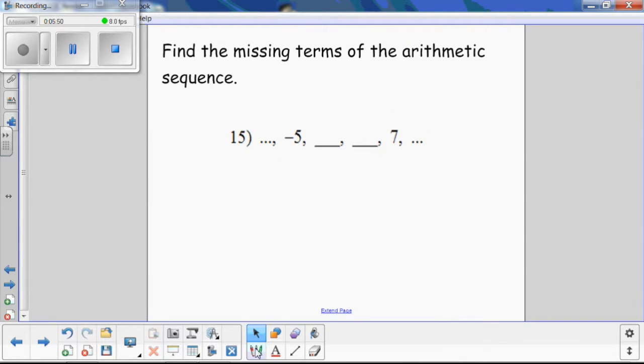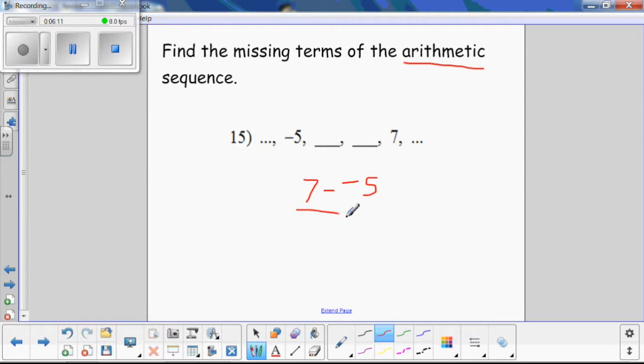The next thing we did was finding missing terms of sequences. In this case, they have to tell you whether the sequence is arithmetic or geometric. In this case, it's arithmetic, so you do the last minus the first term we are given over 1 more than the number of blanks or 1 less than the number of pieces, including the 2 end terms.